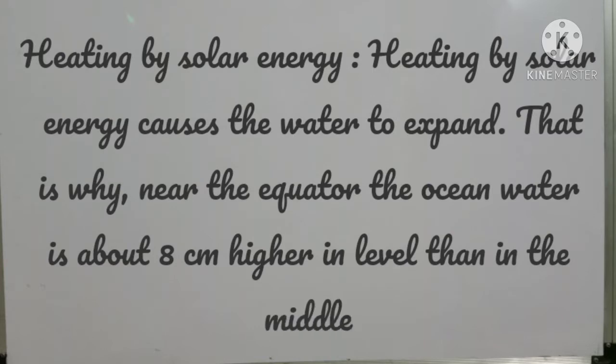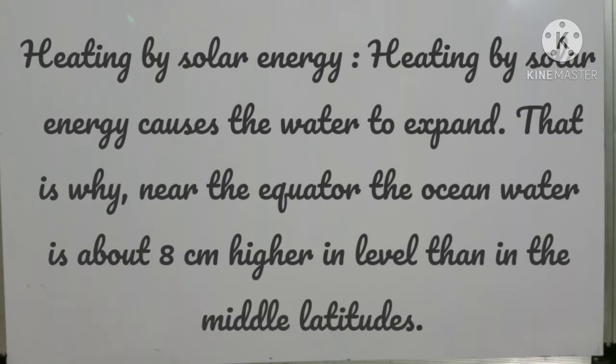Warm water, as we know, is lighter and rises, but the cold water is denser and sinks. So this makes a difference in the level of the sea. Warm equatorial water moves poleward along the surface, while the cold water from the poles moves along the bottom towards the equator. So due to solar heating, the movement of water is also affected.